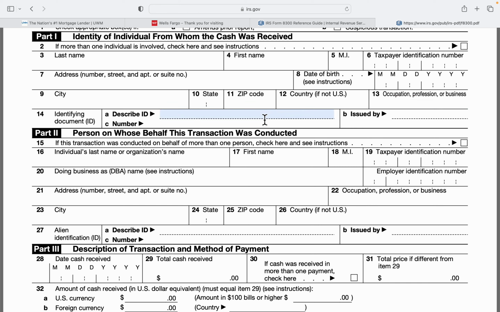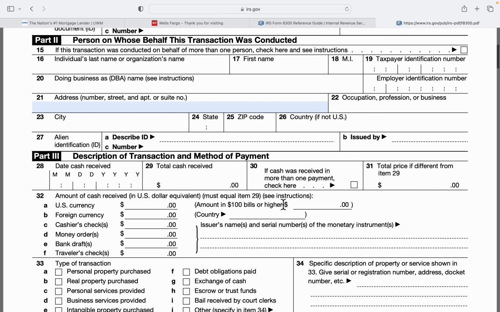And you would need to list the ID that was used to verify the identity of the individual, the ID number, and who the ID was issued by.